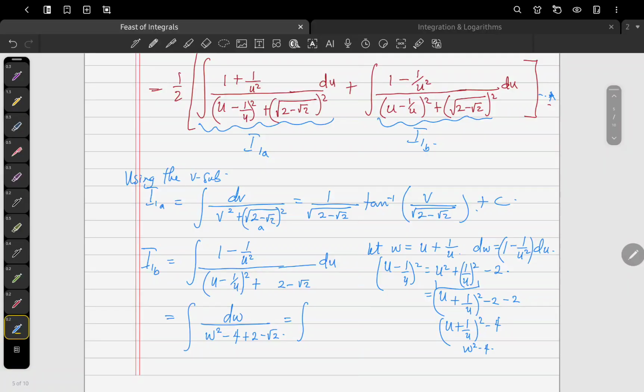Negative 4 plus 2 is negative 2, and this is not plus, this is negative.